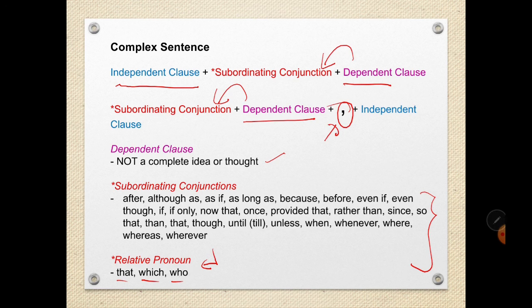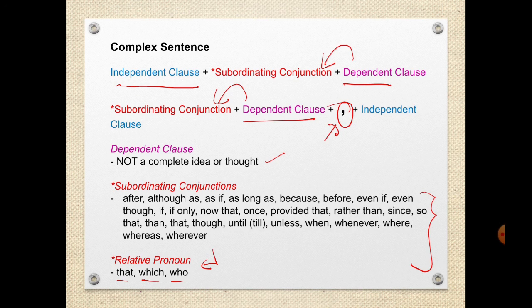All you have to do is memorize the FANBOYS, the coordinating conjunctions that you need to use in a compound sentence. It's easier to remember those conjunctions. So in other words, other than FANBOYS, the conjunctions would be used in complex sentences. Easy, right?